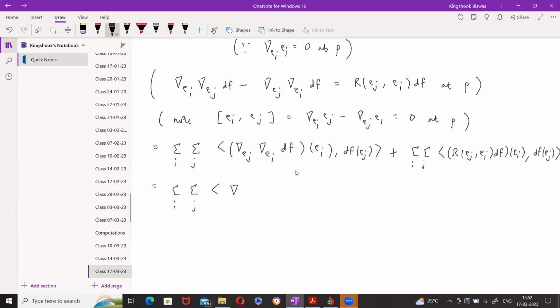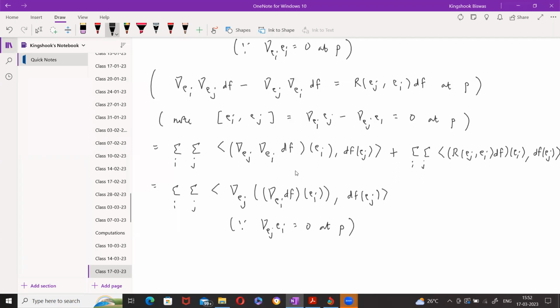Basically, I can write this as nabla EJ acting on nabla EI DF of EI. I can do this because nabla EJ of EI is 0, right? There's another term I would have got, but that vanishes at P.